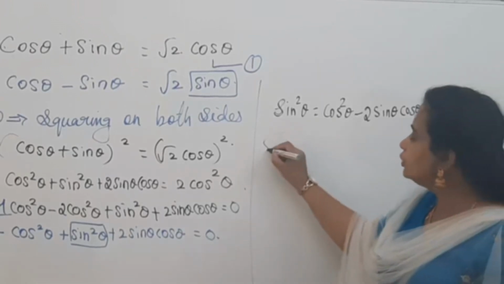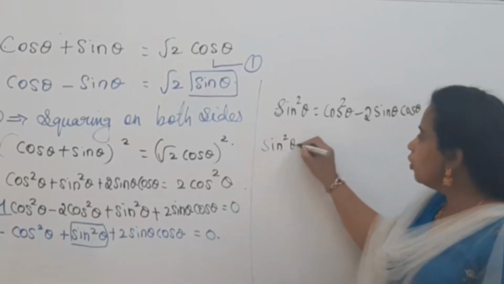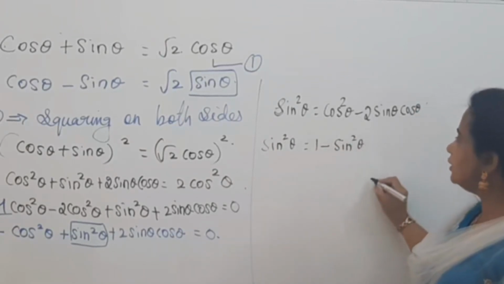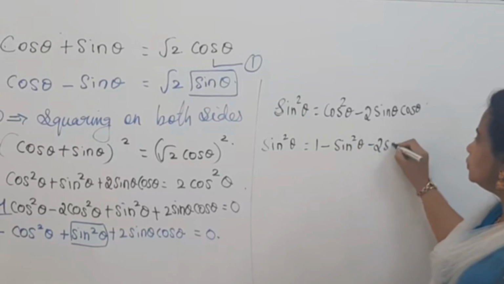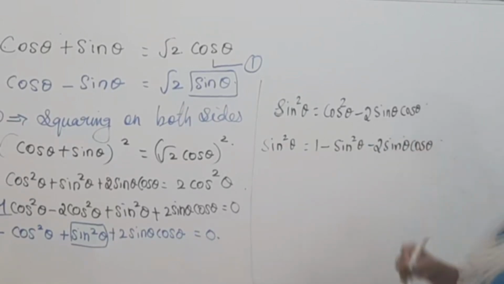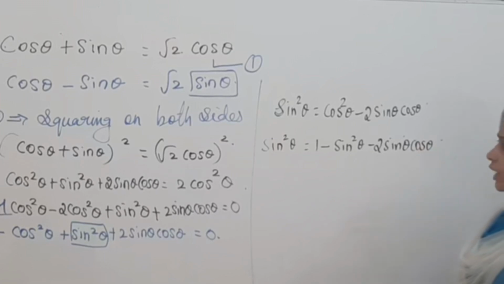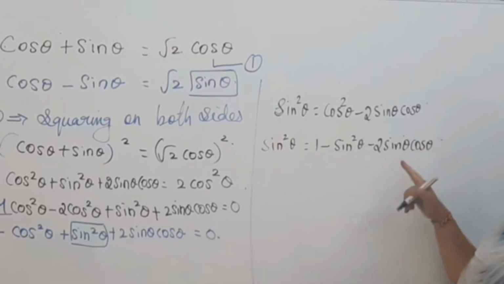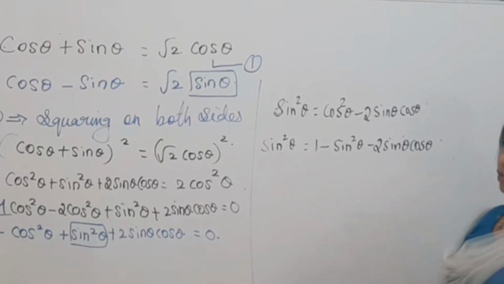Now I am going to substitute cos square theta is equal to 1 minus sine square theta, minus 2 sine theta cos theta. Hope you understand this one.